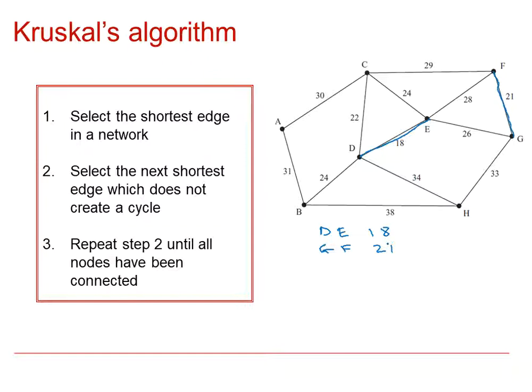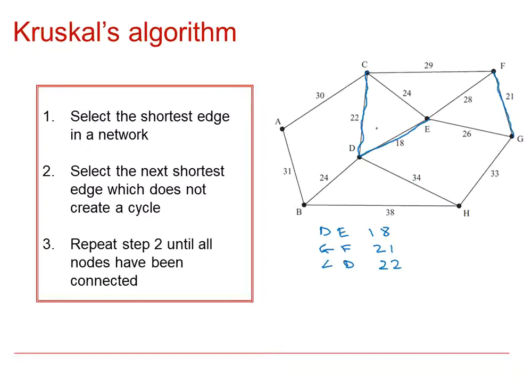The next shortest edge is CD at 22, so I'd use that edge. CD at 22. The next shortest edge is BD at 24.